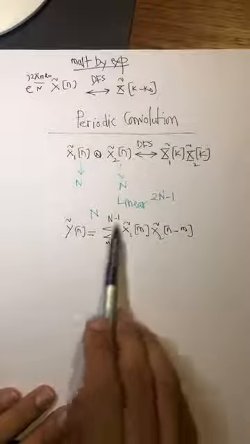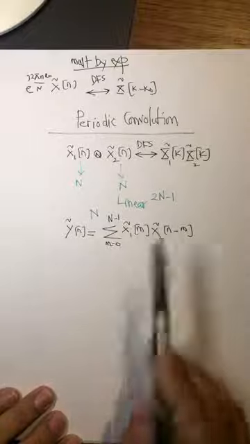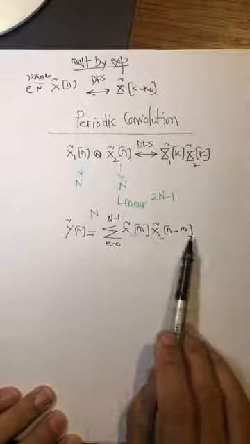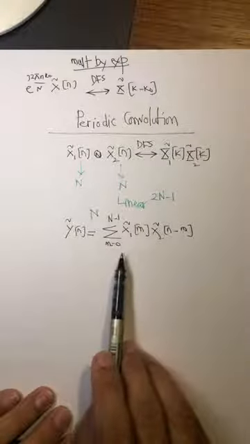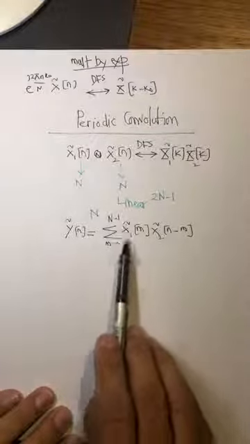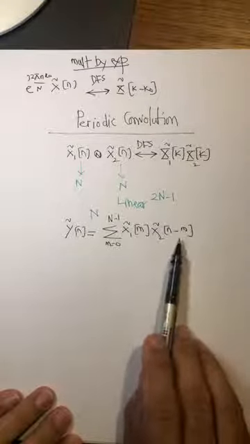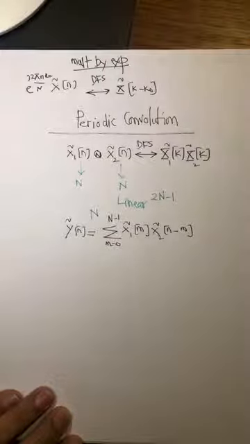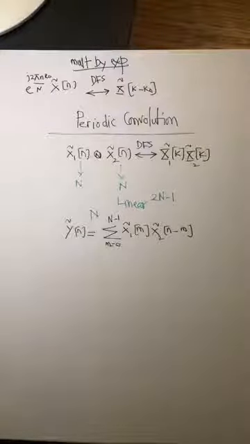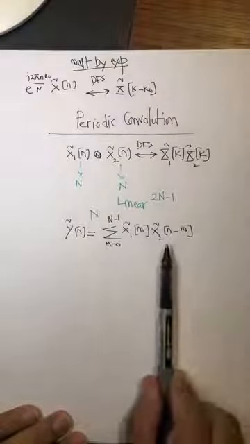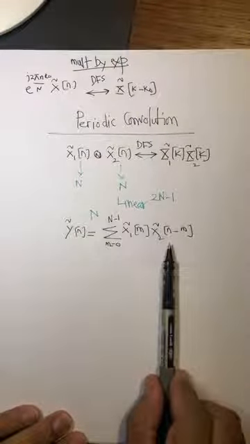It does not matter because the variable of summation will go away. So now whatever we have learned for the linear convolution, we need to redo all of that for circular convolution.